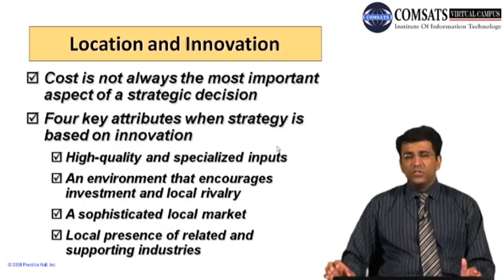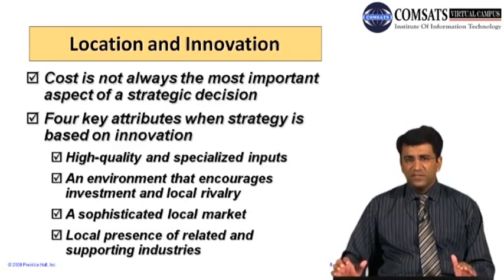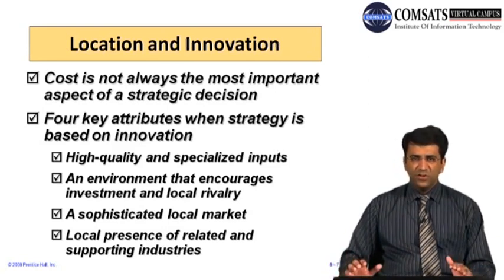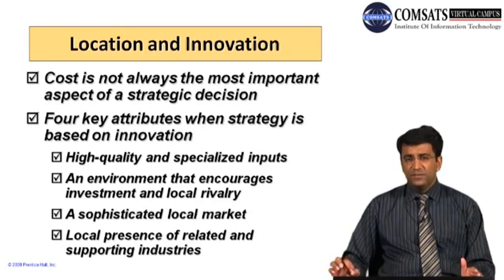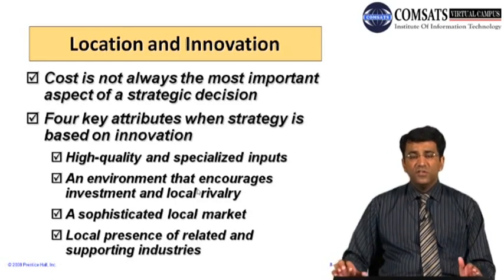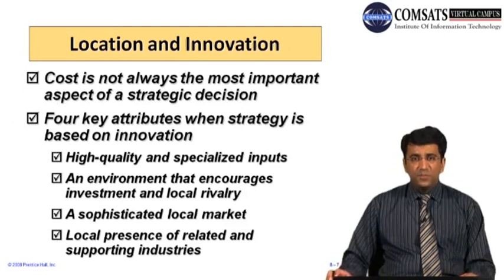Now students, cost reduction is not the only factor we concentrate on for a particular location. There may be many other factors like high quality and specialized inputs. Availability at a particular location may be a very important factor to have your site there because the availability of the different resources and the cost of the different resources may vary from country to country.